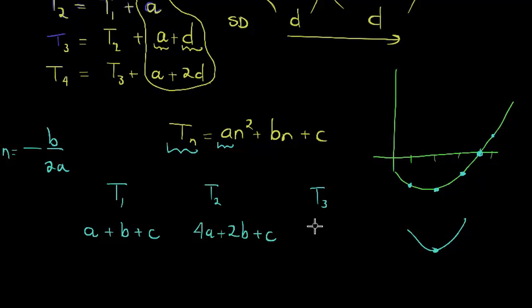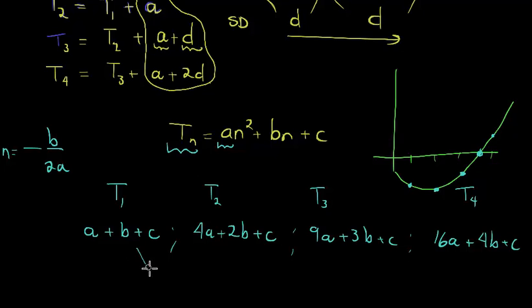T3 would be 9a plus 3b plus c. And term 4 would be 16a plus 4b plus c. And now this is literally how I would find my terms.